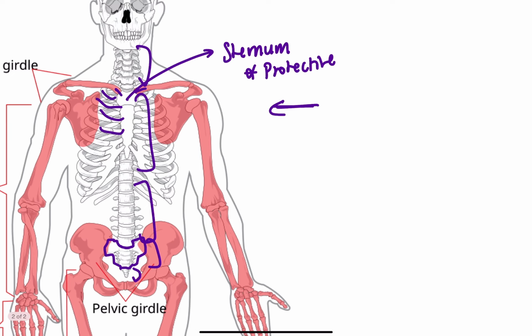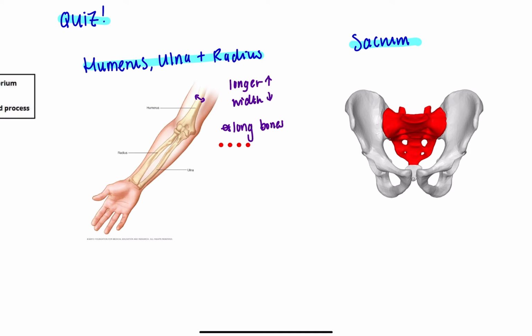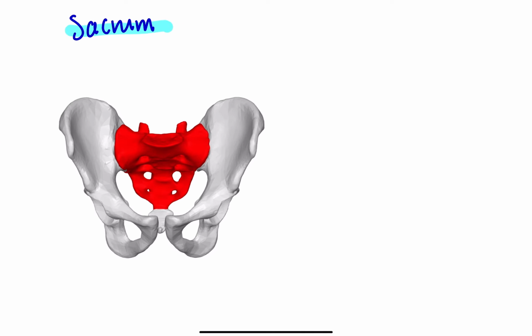I can't pronounce it. So the sacrum is within one of the regions in the vertebral column. It's got 5 fused bones. So it doesn't have an intervertebral disc, but it's still a vertebral bone.